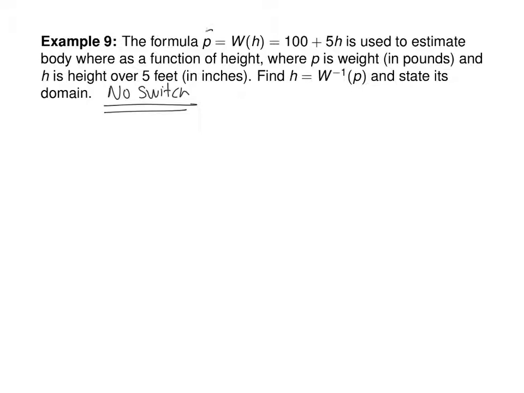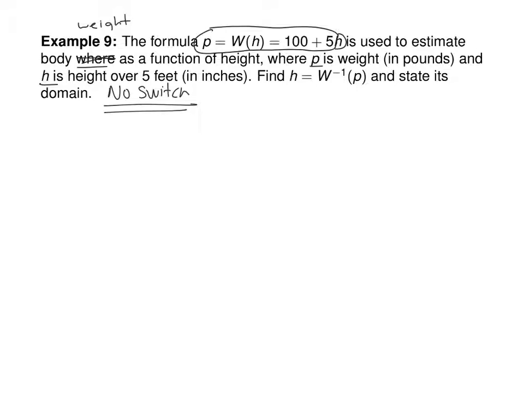So this formula is used to estimate, I didn't circle my H, sorry, the body weight as a function of height. People that are taller tend to weigh more because, you know, they have more bone, more muscle, all that stuff. So P is the weight in pounds, and H is the height over 5 feet in inches.